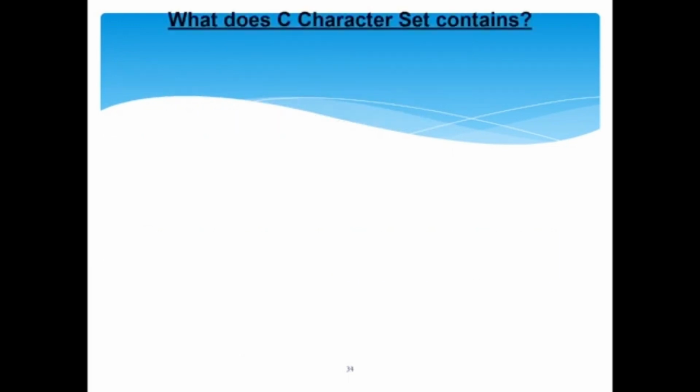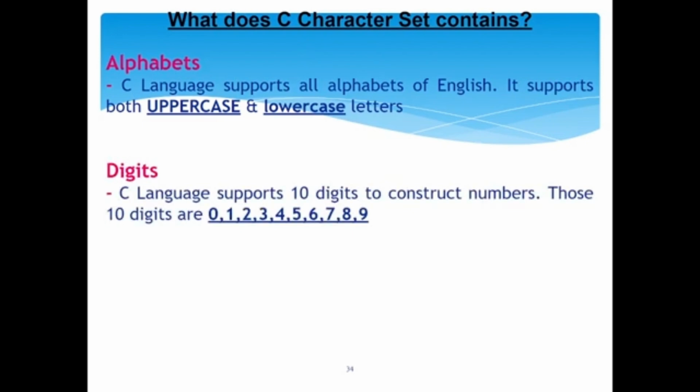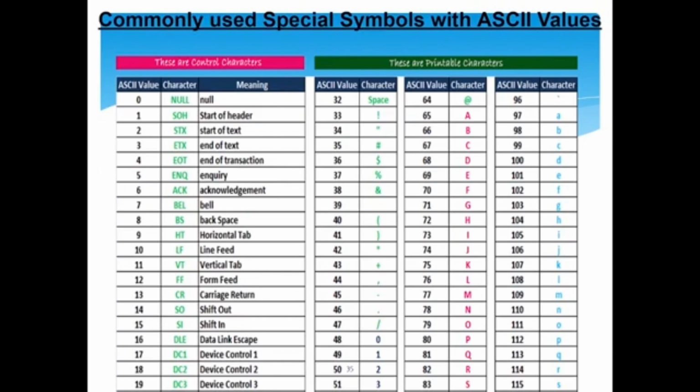What does this character set actually contain? Alphabets. Alphabets in the sense that you will have uppercase and lowercase letters as well. All alphabets and digits, from 0 to 9, 10 digits. And ASCII values, which are very important.